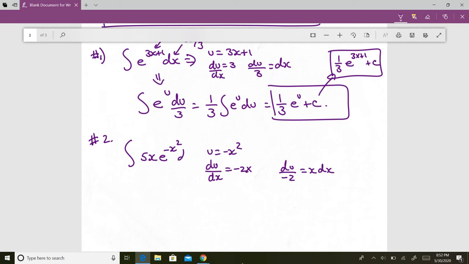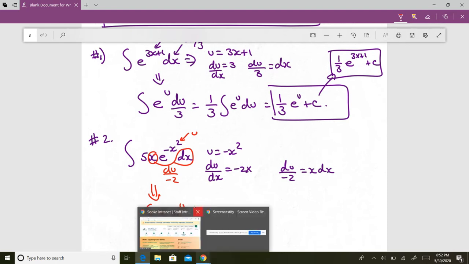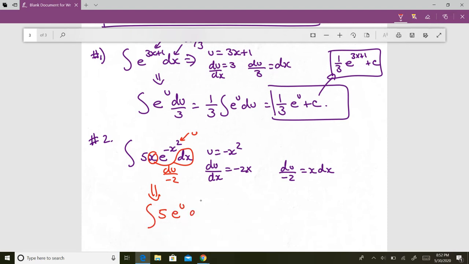And I guess I should have a dx over here. So now I've cleared out that is u. The x dx is du over negative 2. So the integral now becomes 5 e to the u du over negative 2.